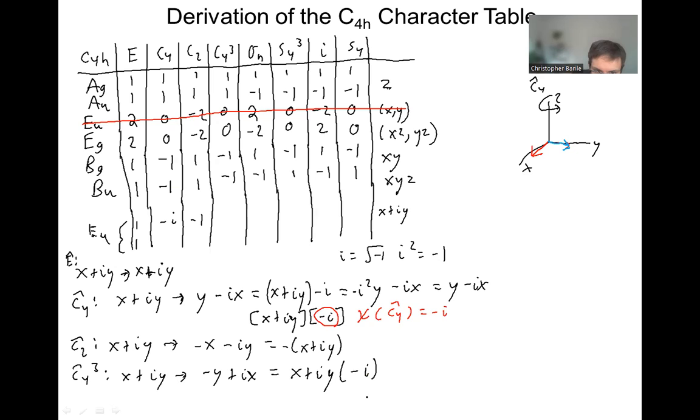Why is that? Because if we factor this out, we get i squared y, well, i squared is negative 1. So we'll get back negative y, and then we get i times x, so plus ix. So our character here is just going to be i.